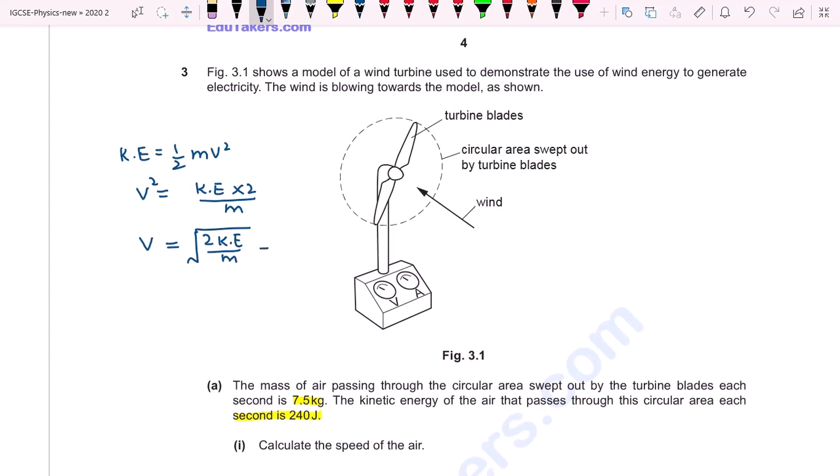By putting in values I get 2 multiplied by kinetic energy, which is given as 240, divided by mass, which is given as 7.5 kilograms. After simplification the speed comes to be 8.0 meters per second.